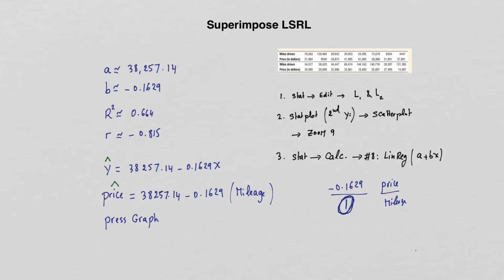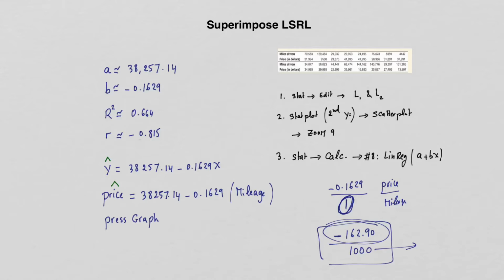If you don't like one and it looks weird, you can write it like this. Right? Multiply top and bottom by 1,000. And you could say for every additional 1,000 miles, the car is expected to lose $162.90.